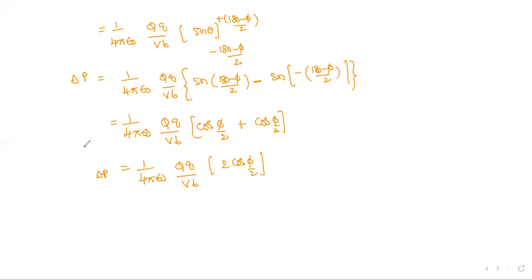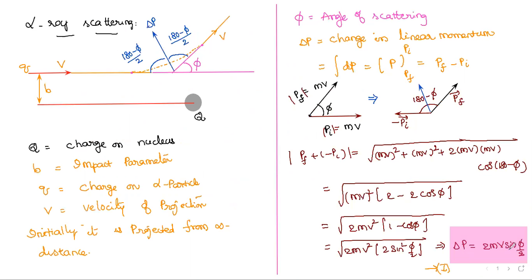Now just check the two pink color boxes we highlighted. This one I'm taking as equation 2. So for delta P, from the first pink color box, I'm going to substitute 2mv sine phi by 2 here.